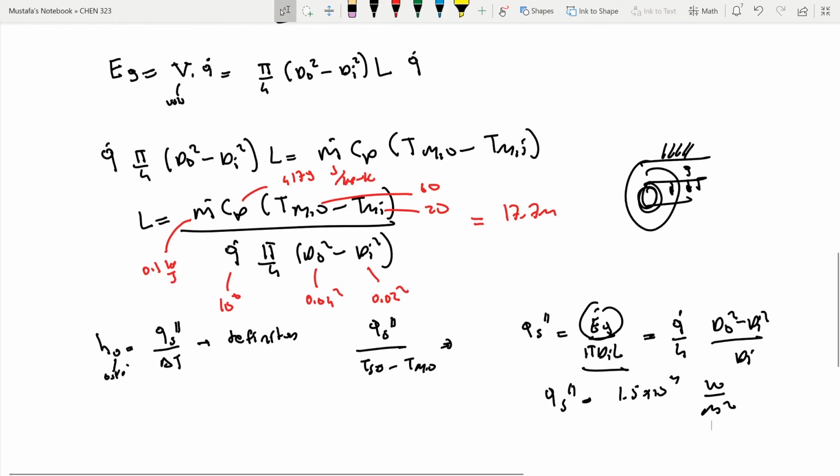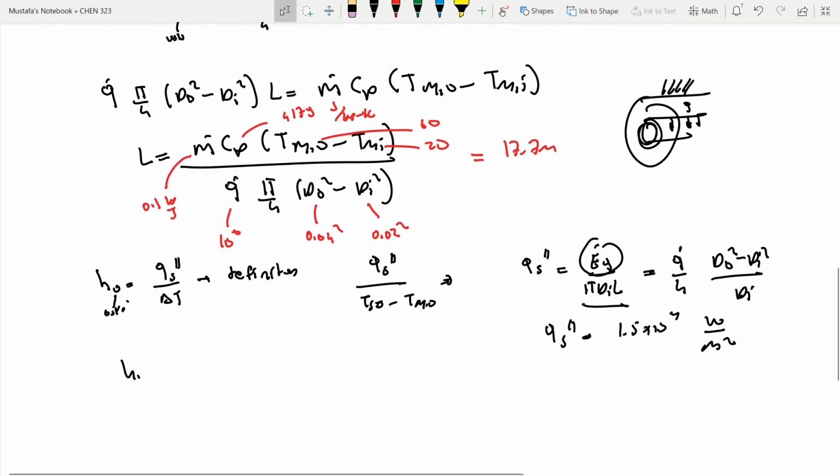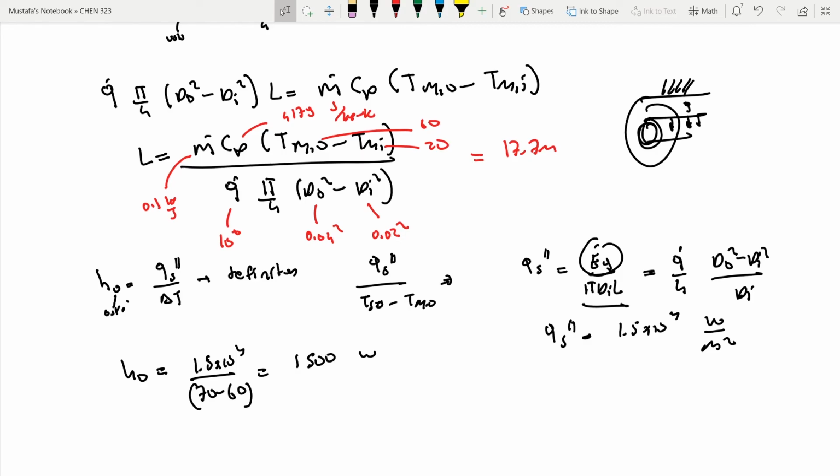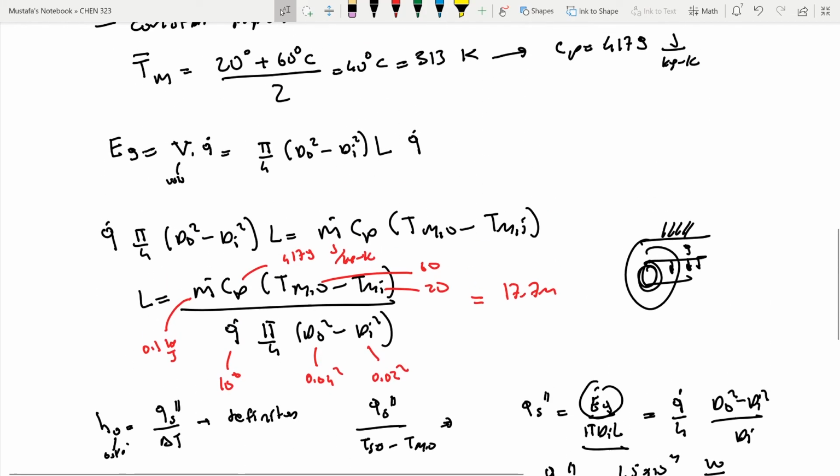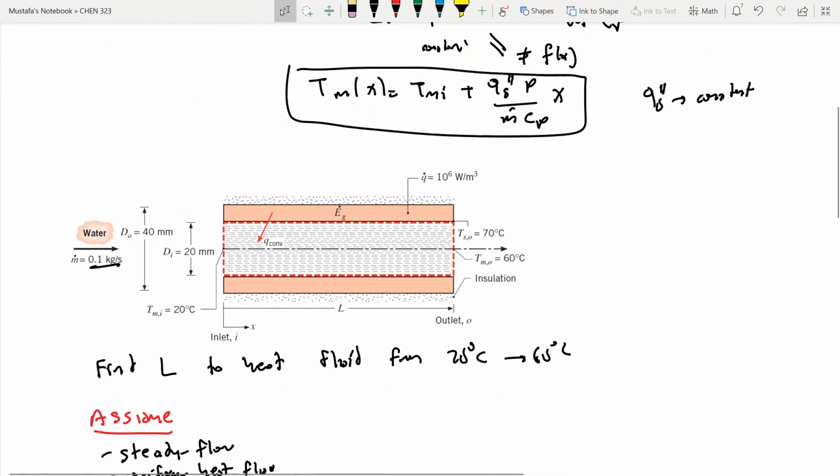So our goal is to find h naught at the outlet: 1.5 times 10 to the 4, this is the heat flux, divided by the temperature difference, 70 minus 60, we have 1500 watt per meter square per Kelvin. So we just calculated the h naught at the outlet in the last part of the problem.